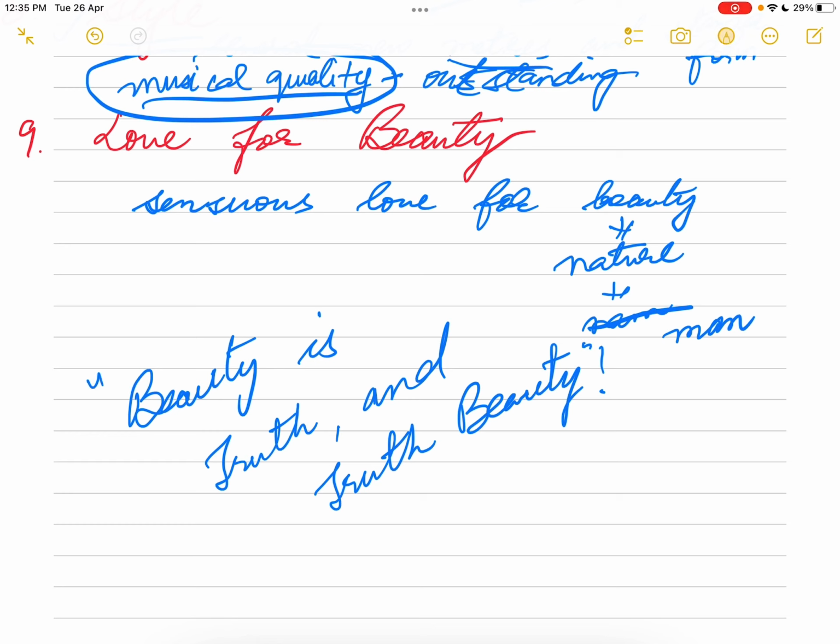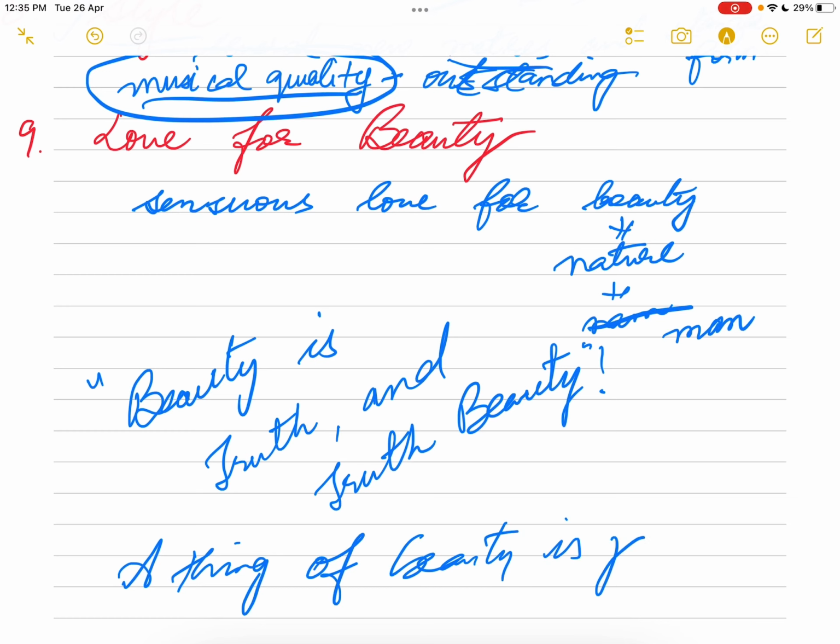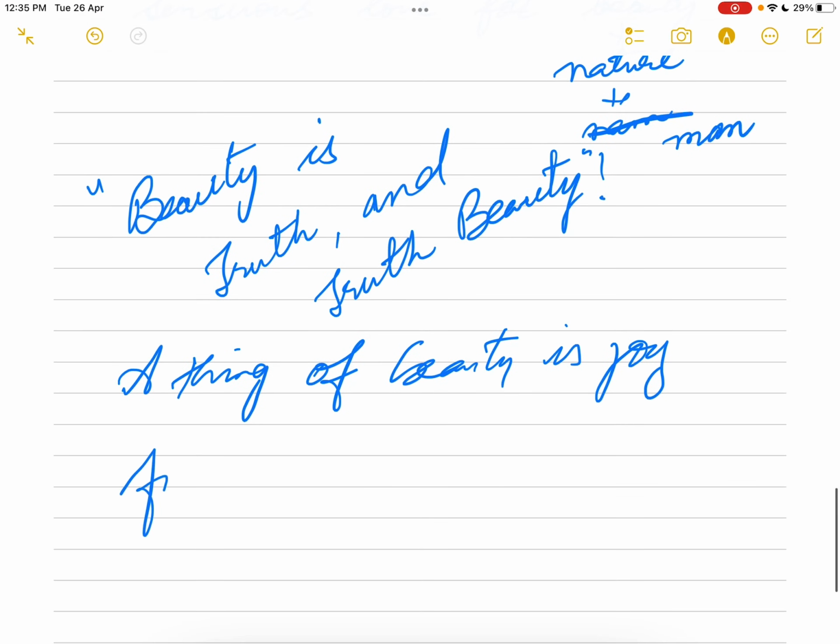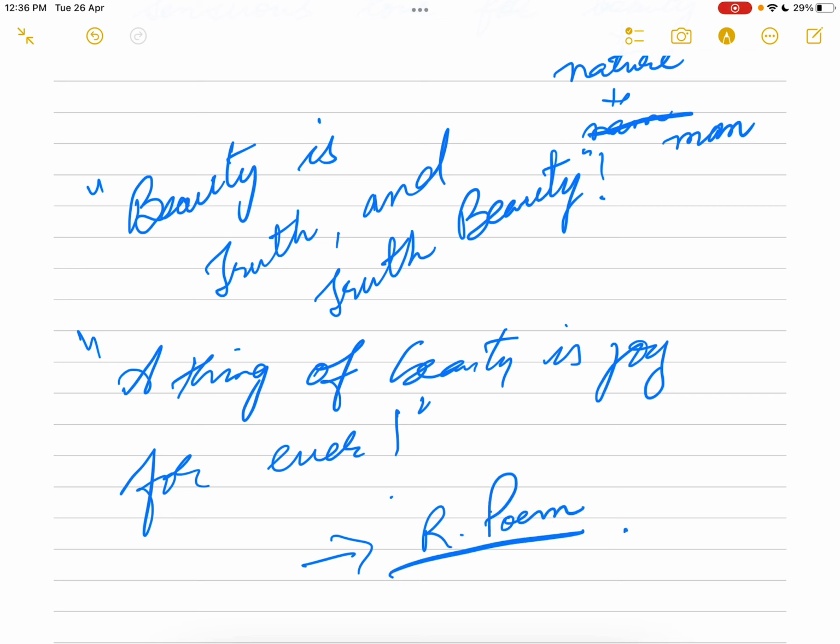And Shelley says, a thing, you must have heard these thoughts, a thing of beauty is a joy forever. So, forever should be one word. These quotes or beautiful lines come from the sensuous love of poetry, which gives these poems the chief quality of being a romantic poem, right?